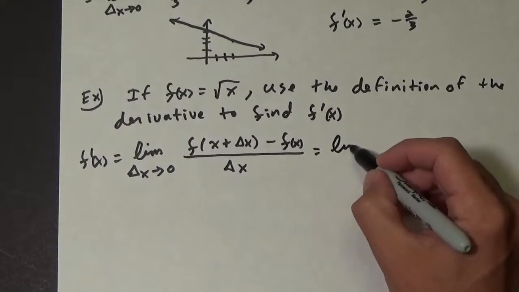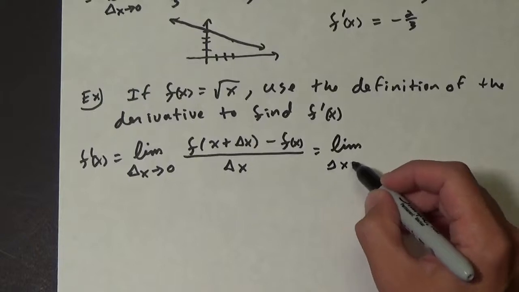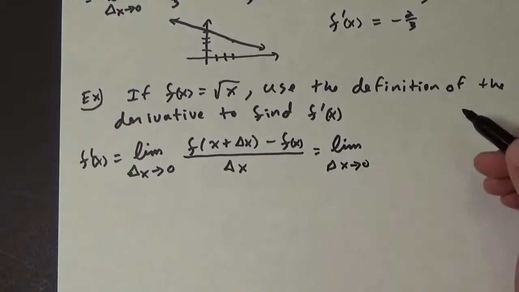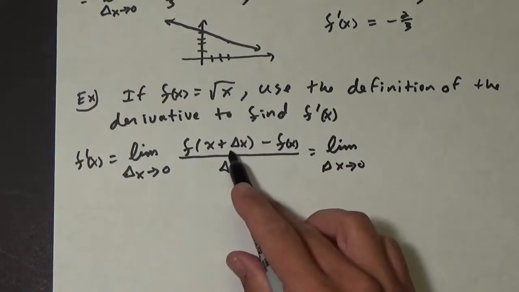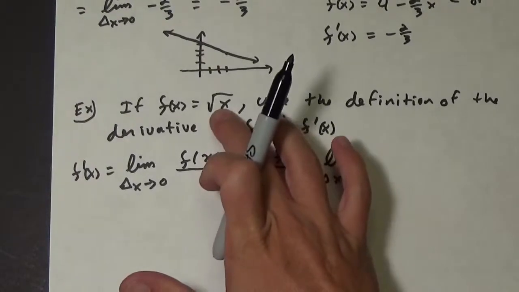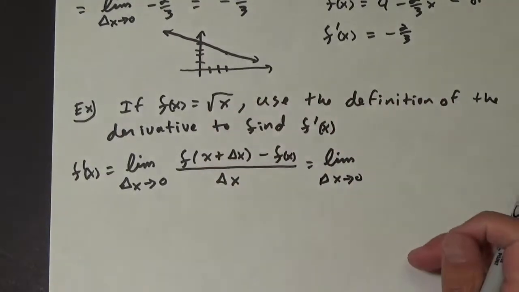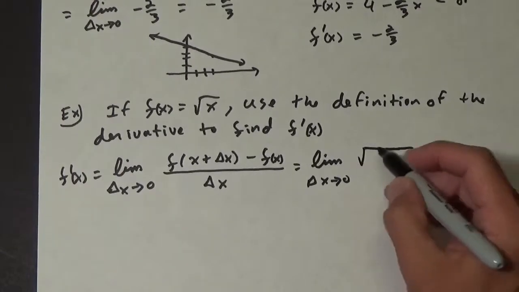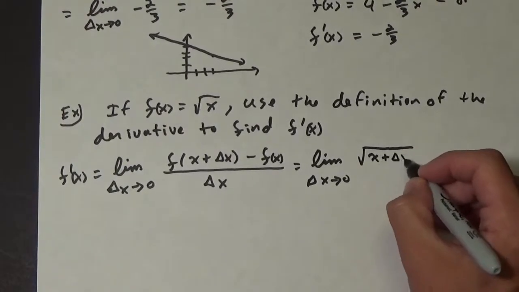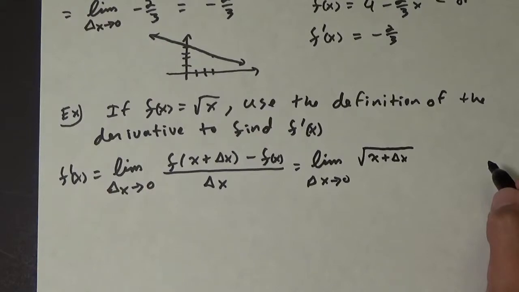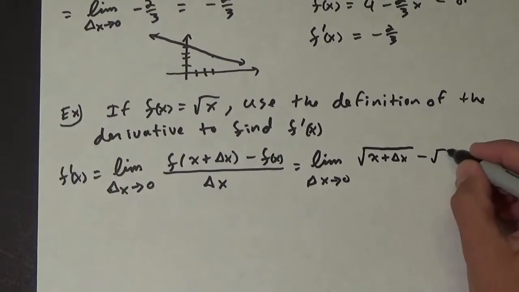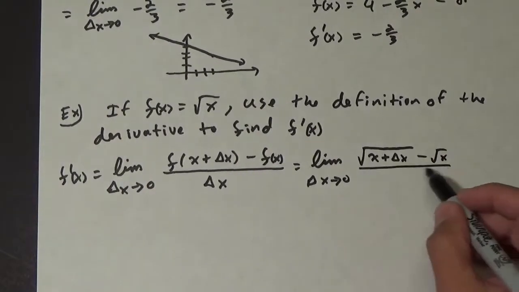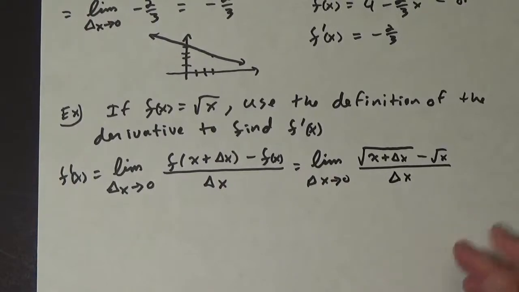So we're going to go the limit as delta x approaches 0. Okay, so f of x plus delta x, so we take x plus delta x and put it into the square root of x. So that is going to be the square root of x plus delta x minus the square root of x all over delta x.